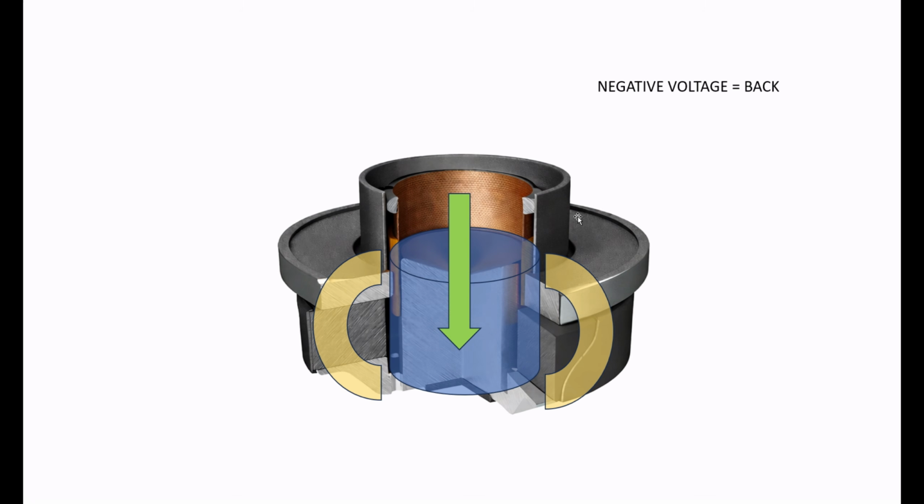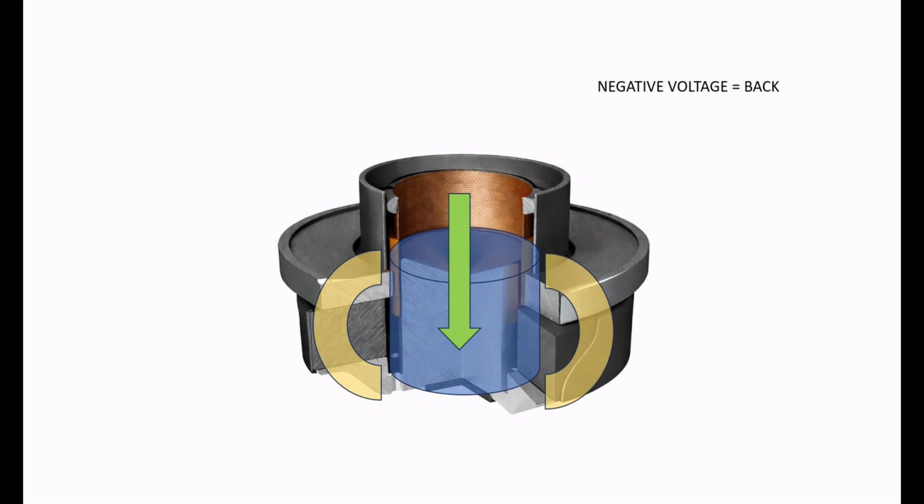Depending on which direction the current is going, and that's dictated by whether the voltage coming from the amplifier is positive or negative. If it's negative, then the current will create a force that is attracted by the fixed magnetic field, right? And of course, the voice coil will move down or back.